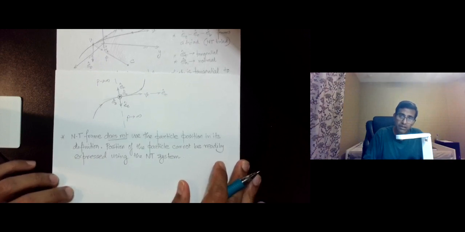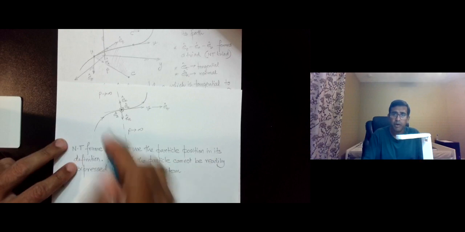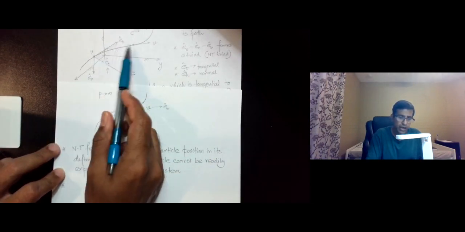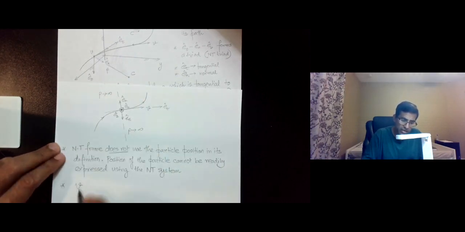So how do we start doing analysis? Well, if you focus on this part here where the particle is moving along this curved path, the velocity is tangential. Let's say this point is P. So Vp is nothing but v et.